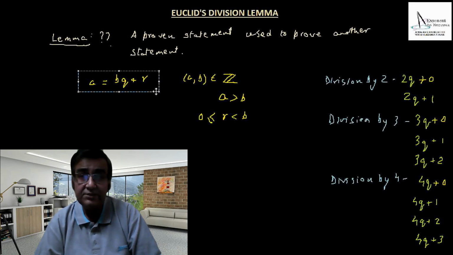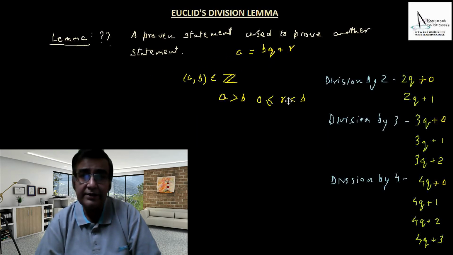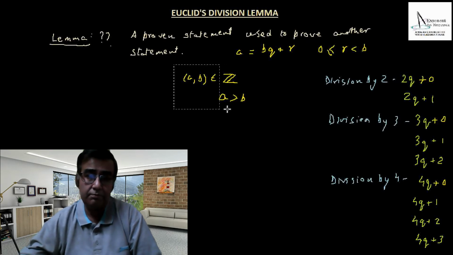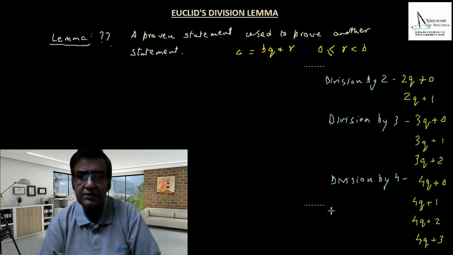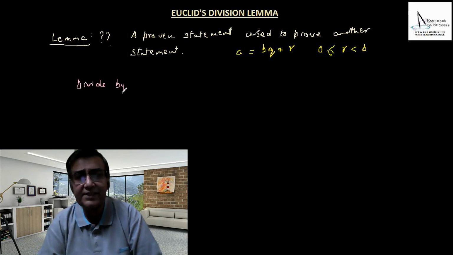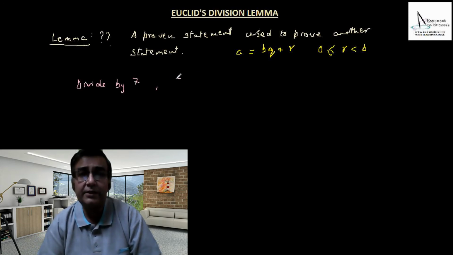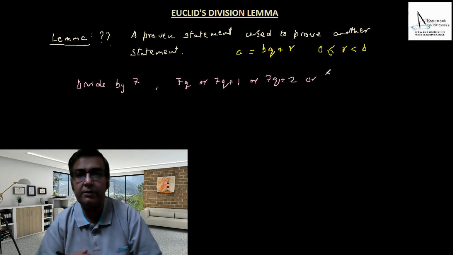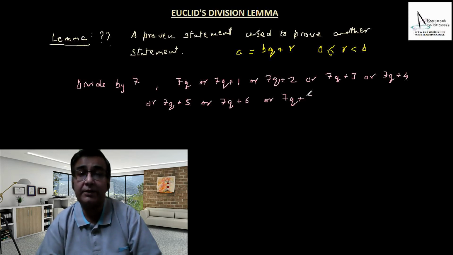Now let me take these things up here and let's continue with it. Now what happens when we divide a number by 7? If we divide by 7, the number can be of the form 7q, where there's no remainder, or it leaves a remainder of something, which is 7q plus 1, 7q plus 2, 7q plus 3, 7q plus 4, 7q plus 5, 7q plus 6, or 7q plus 7.